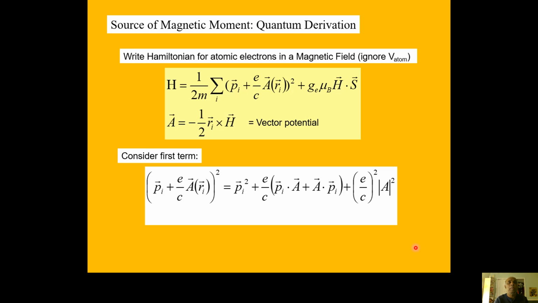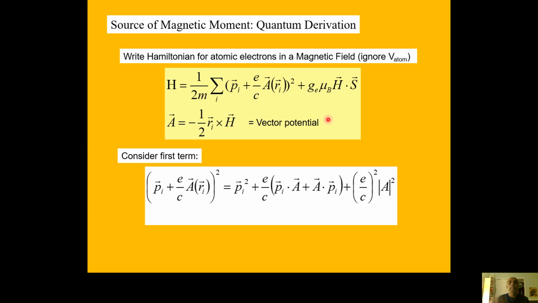If you write the total Hamiltonian for a bunch of electrons in this Hartree approximation, you can write the Hamiltonian as 1 over 2m, p squared over 2m, under a magnetic field. We introduce something called the vector potential, right? The vector potential is basically defined by H equals grad cross A, or A is given by half R cross H. The A is called the vector potential.